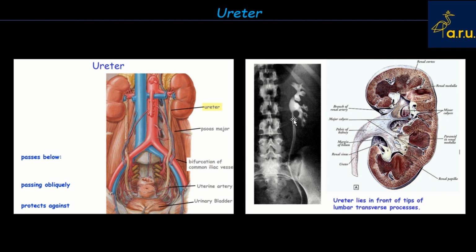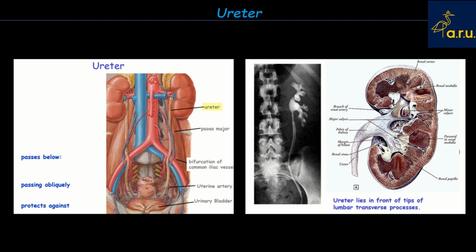Then where the ureter crosses over the common iliac vessels at the pelvic brim, so at this point over here. And then the third point of constriction is where the ureter enters tangentially, obliquely into the urinary bladder. These three points of constriction are important to know because these are the potential sites of impaction of a urinary stone.